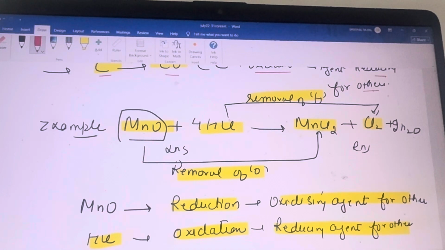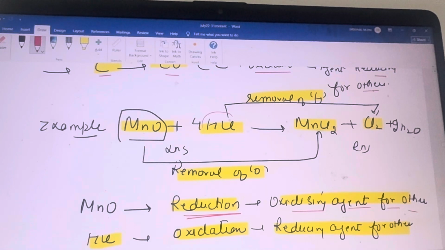So students, again you have to see this reaction in terms of oxygen and hydrogen. If you see, this MnO2 is converted into MnCl2. So what this MnO2, left side पे focus करो बेटा. There is a removal of oxygen by this MnO2. So you can say this MnO2 is undergoing reduction. So it is acting as an oxidizing agent for other.